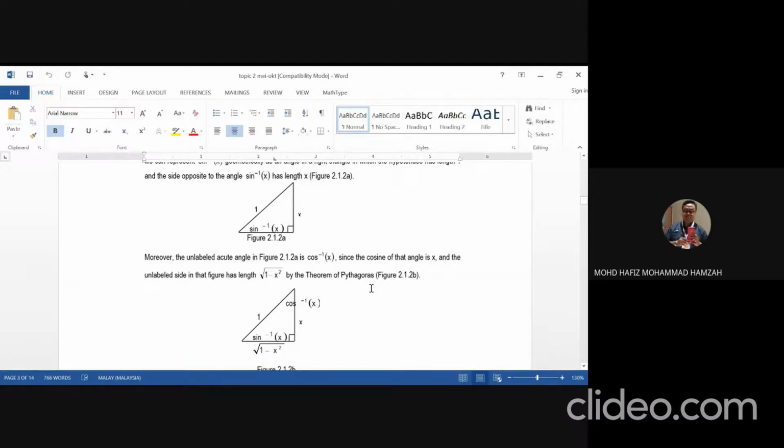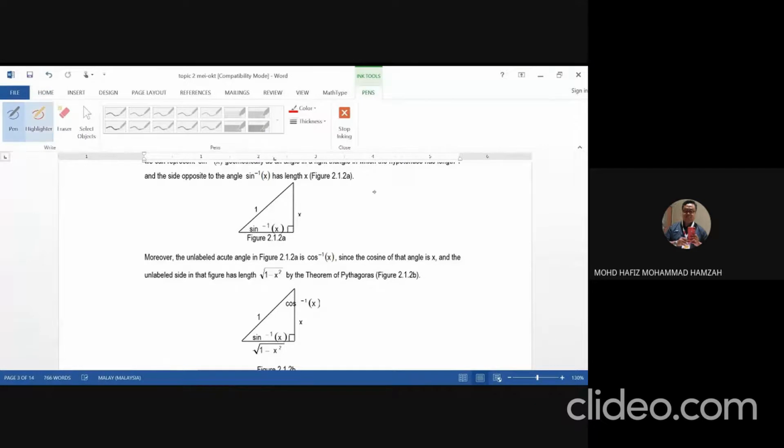Okay, so if you draw your triangle, if you still remember your triangle, theorem of Pythagoras. So kalau graf dia macam ni, let's say this is your A. Okay, so yang bertentang dengan ni, ini adalah opposite.